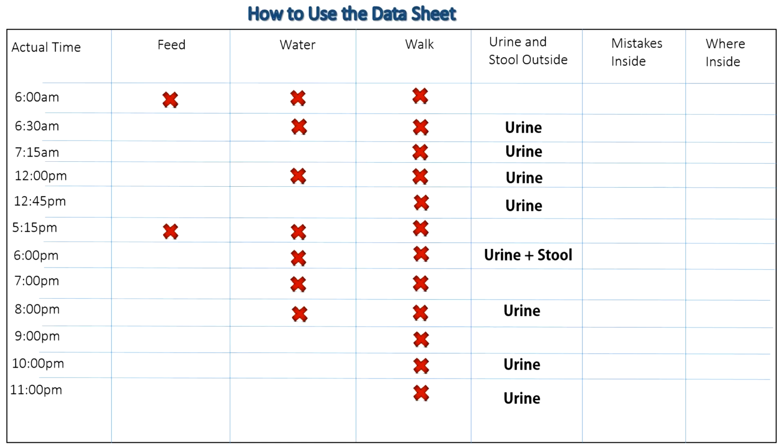If he has an accident inside, you need to write down what kind of accident it is, and then where inside it is. The reason you want to do this is so that you can determine if there are patterns that may lead to a scent association. Maybe it's a certain area of the house that didn't get cleaned well enough. Maybe it's a certain rug.